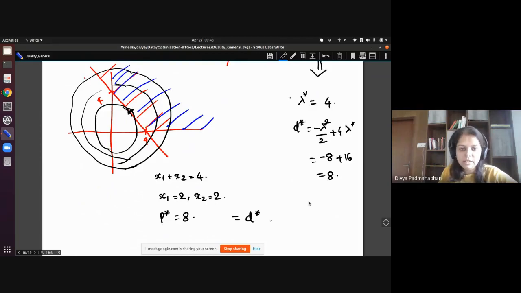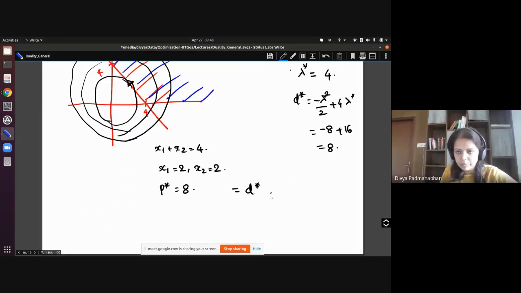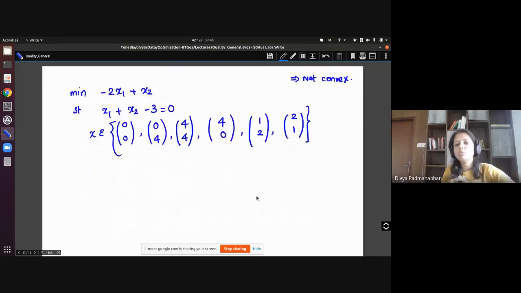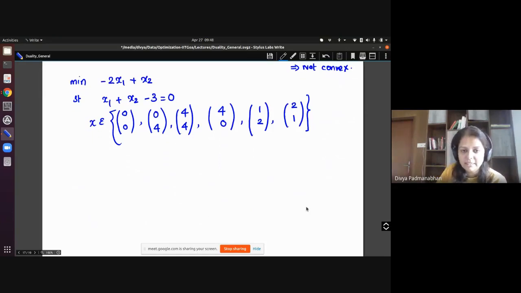But in all generality, this will not happen. And I just wanted to do one example here of the case where primal and dual values need not match. Okay, so this is one such example. So here you can see that this concept of dual, another point I want to illustrate here is that dual is a more general concept.